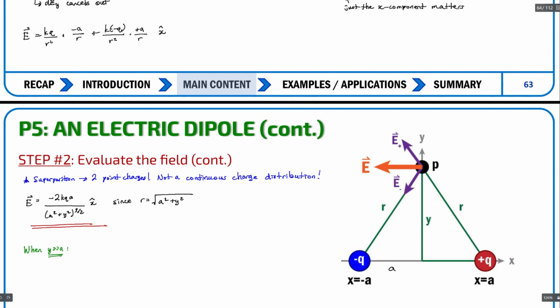Well, when y is much greater than a, then E is approximately equal to minus 2kQa divided by, and since y is a lot greater than a, the a term essentially may go to 0 within the denominator, and you end up with y cubed in the x hat direction. So that would be the answer, just in case y is much greater than a.